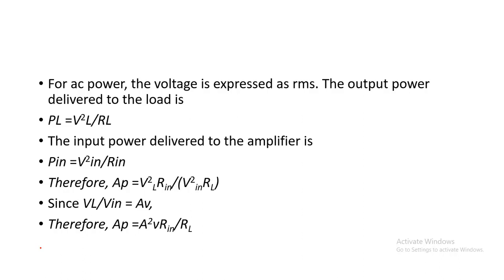For AC power, the voltage is expressed in terms of RMS. This is not the peak value, not the average value, and not the maximum value. This is the RMS value, that is, the root mean square value.